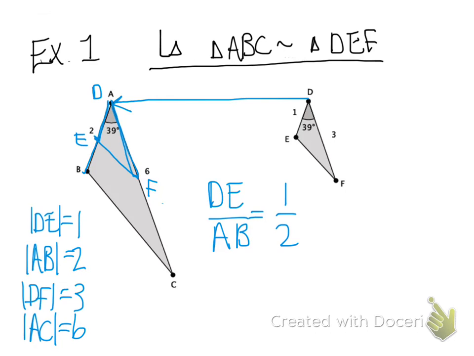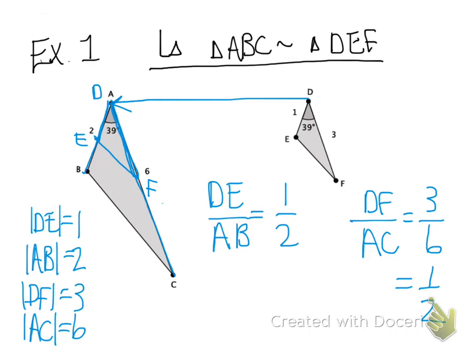So then we could look at the other side here, AC, and so we'd have the dilated length, which would be DF or AF, and the original length would be AC. Okay, so DF is 3 and AC is 6. So that also is equal to 1/2.